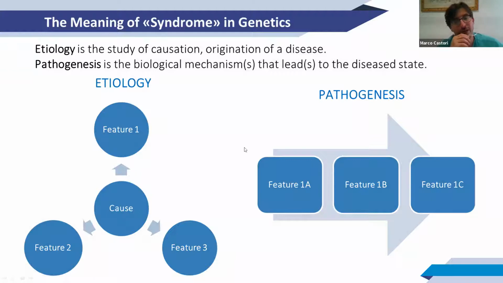Under a slightly different perspective, when we think of pleiotropy, we think of the etiology of the syndrome. A single cause, that is one mutation, determines the development of multiple features involving multiple structures independently.